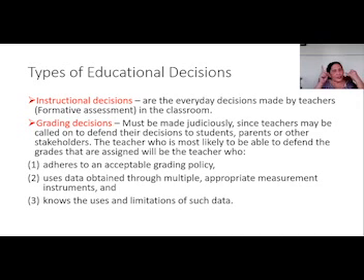Okay. The teacher also who uses data obtained through multiple, take note of the word, through multiple appropriate measurement instruments, not just a single instrument, but a number of instruments.